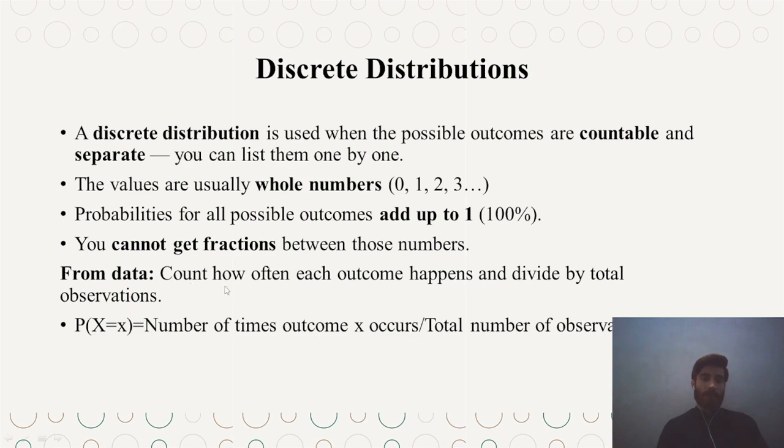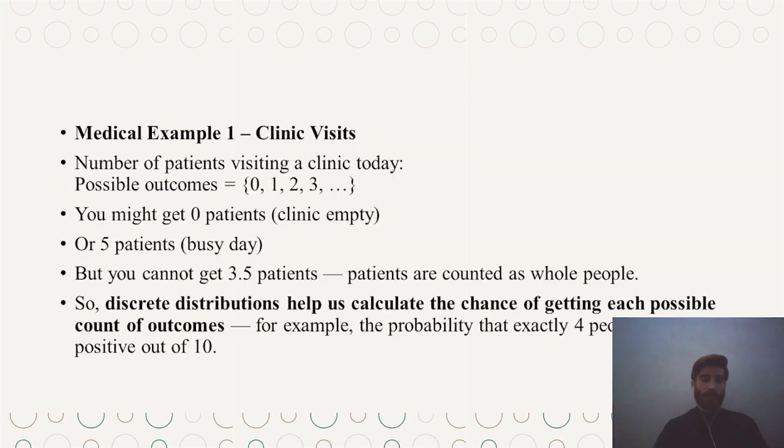From data, count how often each outcome happens and divide by total observations. So this is the example, the number of patients visiting a clinic. Possible outcomes are 0, 1, 2, 3. You might get 0 patients or might get 1, 2, 3 and so on. But you cannot get 3.5 patients a day, because half a patient will always be one.